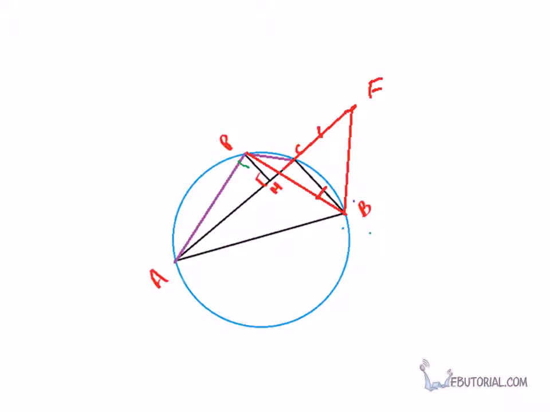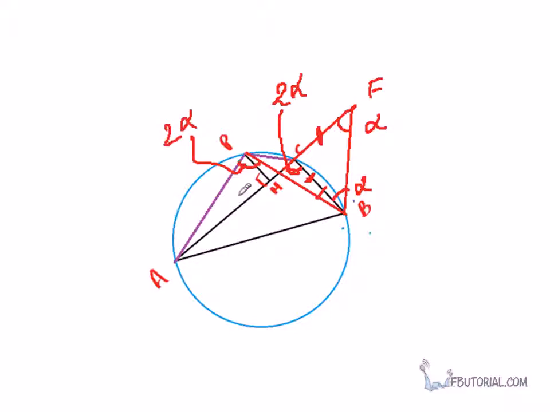Let us now try to solve this problem. Over here, if you assume this angle to be alpha, then this angle will also be alpha because BC is same as CF. If these two angles are alpha, what will be the value of this angle? This angle is 2 alpha. If this angle is 2 alpha, then this entire angle will also be equal to 2 alpha because angle in the same chord.